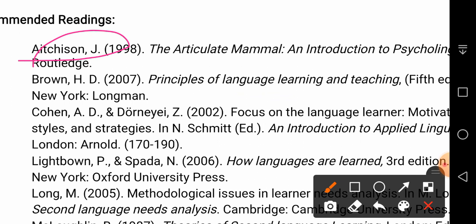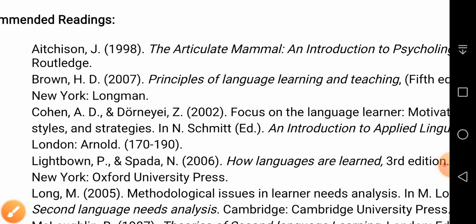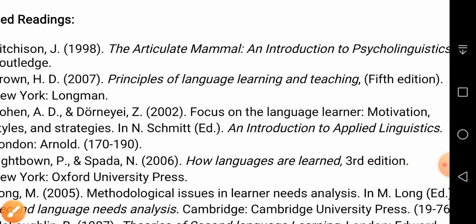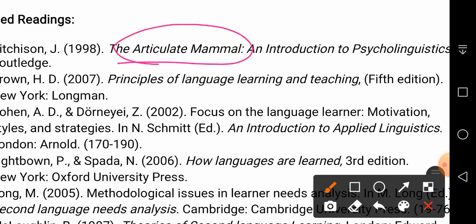So the first book is this one, Jean Aitchison, The Articulate Mammal, a very interesting book. She talks about the brain, and she talks about some animals which were taught language.